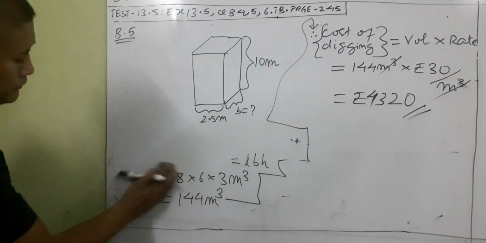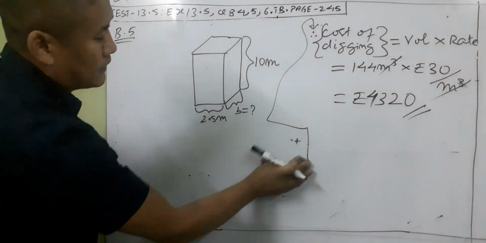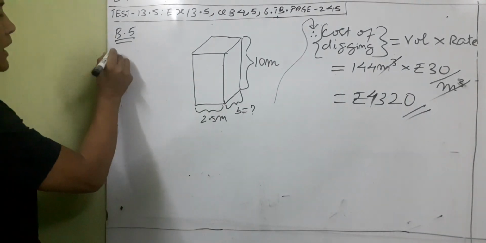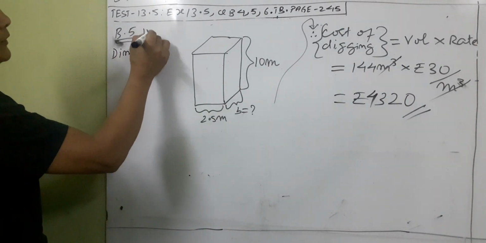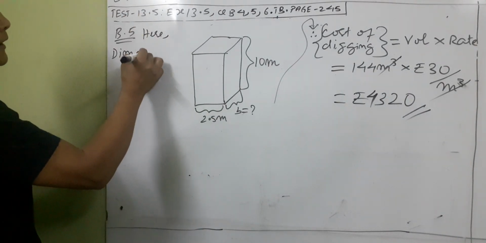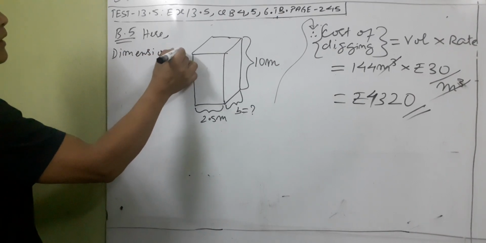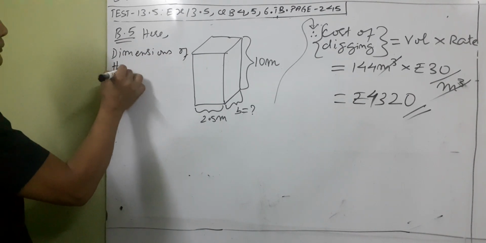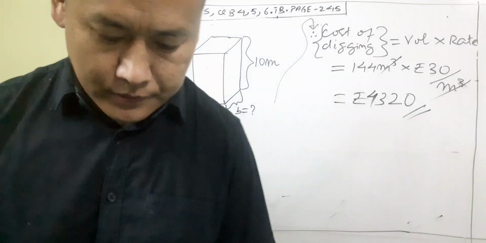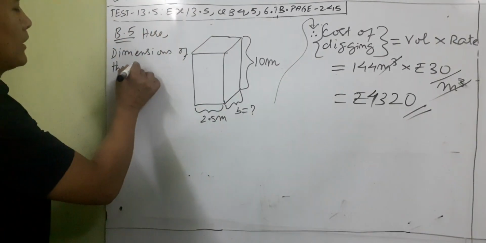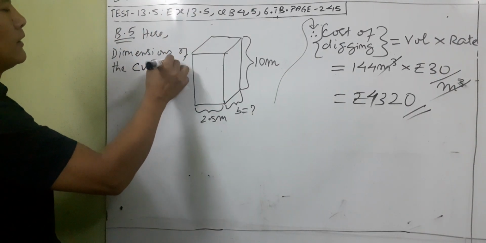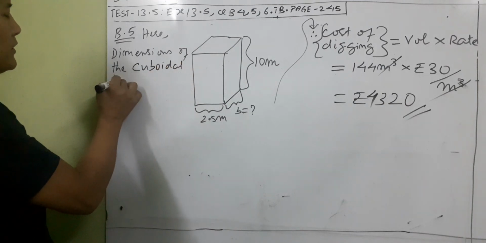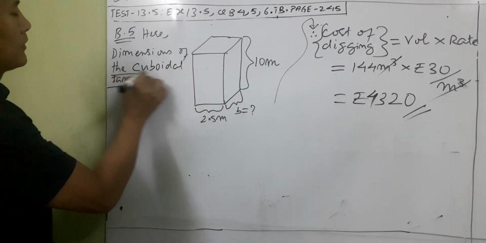First of all, we can write the dimensions of this tank. Is the shape mentioned or not? Yes, cuboidal tank, so it is good to mention cuboidal tank. That means this tank that we have drawn here.